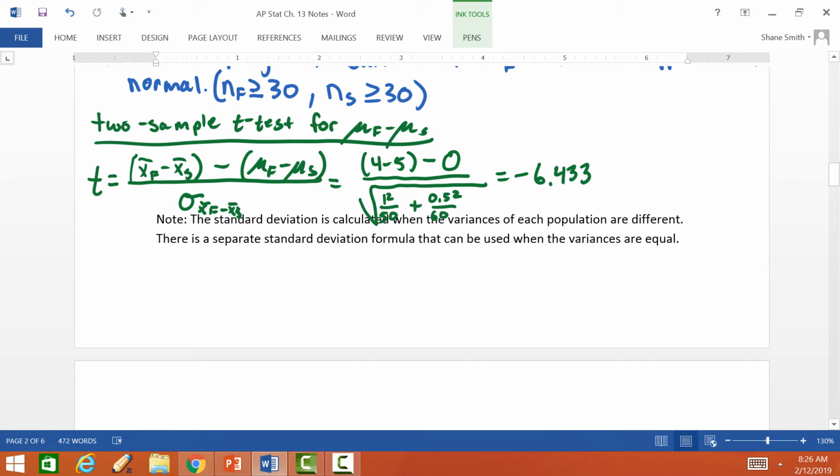Now remember, this is a 2-sample t-test. So we just want to see if there's evidence to support that a difference exists. So if this is negative 6.433 and this is positive 6.433, our p-value is going to be the sum of these two tails because it's a two-tailed test.